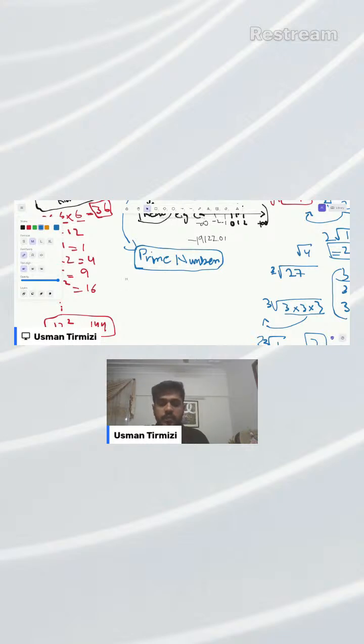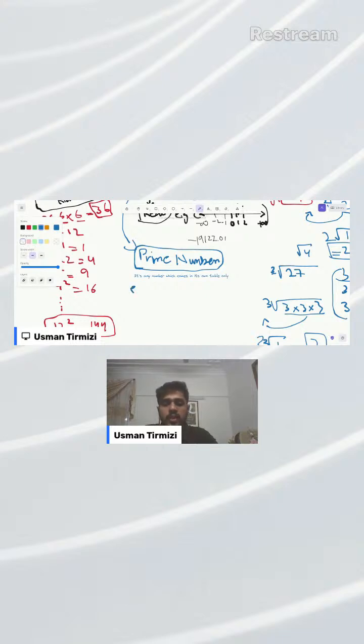Primarily, the definition is that it does not have any other multiples, so it cannot be divided by any other number. It can only be divided by one or by itself.